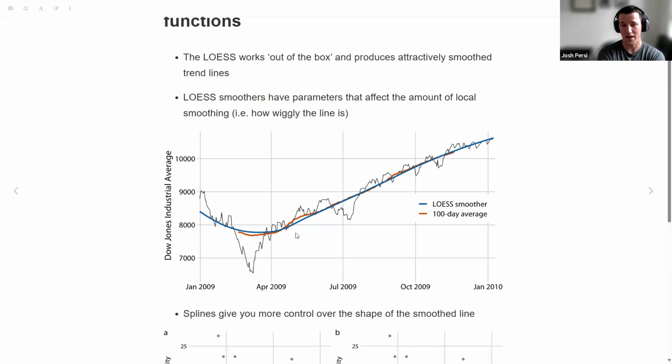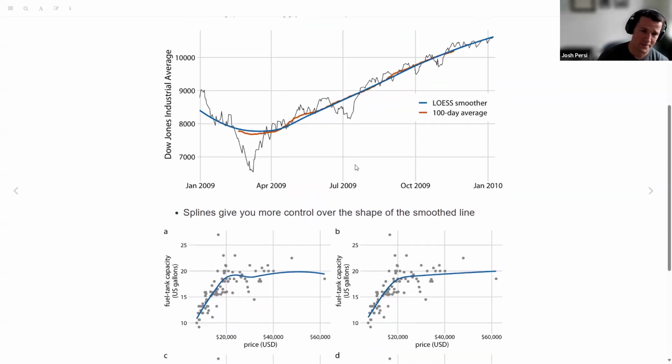You can get a smoother or a more wiggly line depending on how you set these parameters. So maybe that's one area where data viz is more art than science. You just fiddle around with a bunch of values and see what fits your data well.